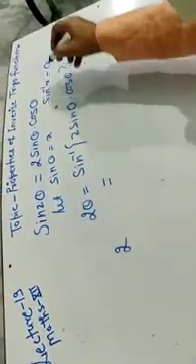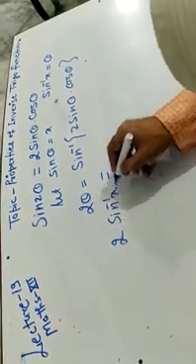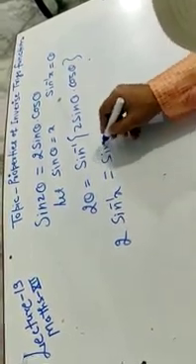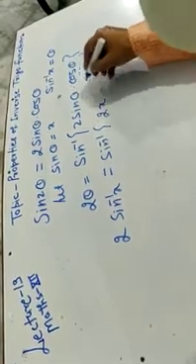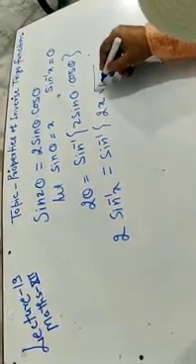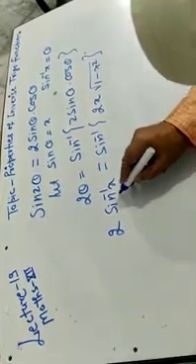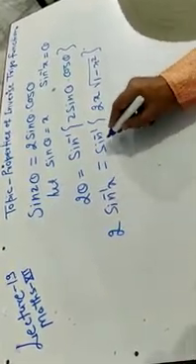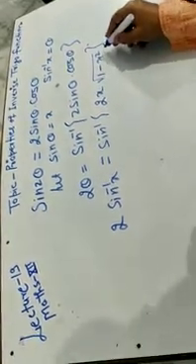Instead of theta you write sine inverse x, so 2 sine inverse x equals sine inverse of 2x root of 1 minus x square.